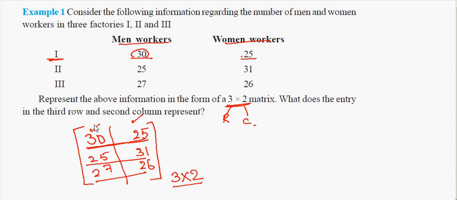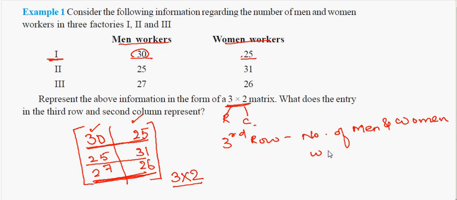What does the entry in the third row and second column represent? This is the third row. Third row represents what? The number of men and women workers in the third factory, in factory number 3.